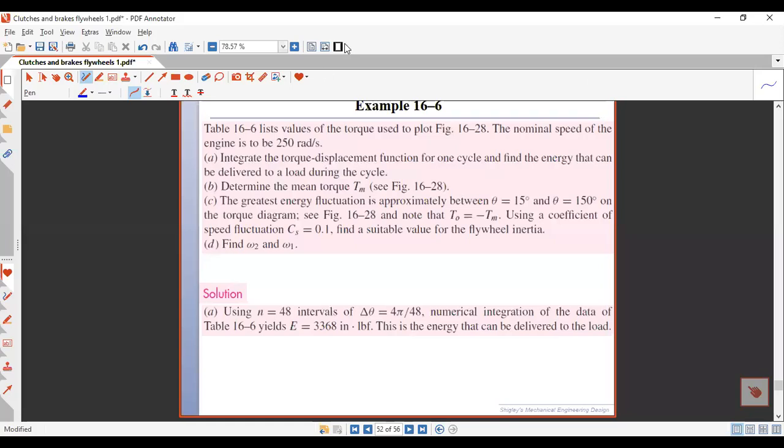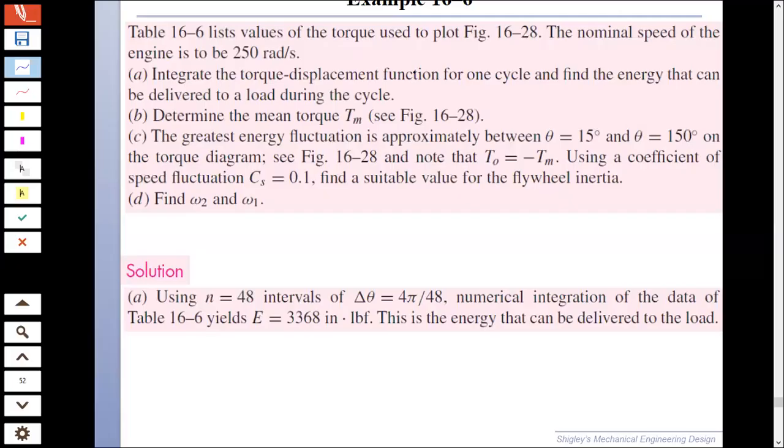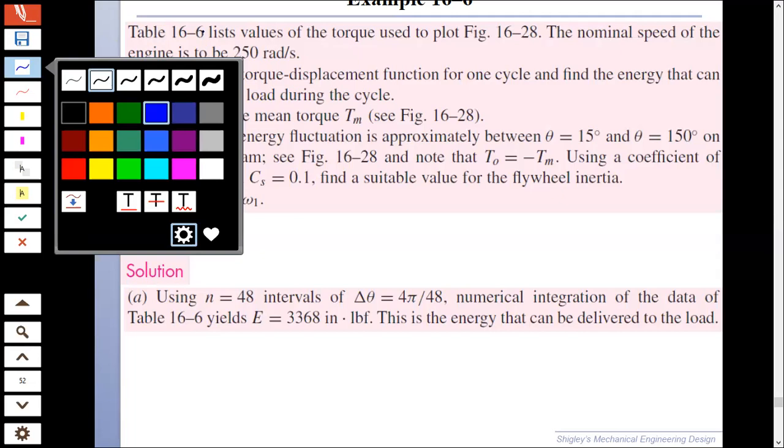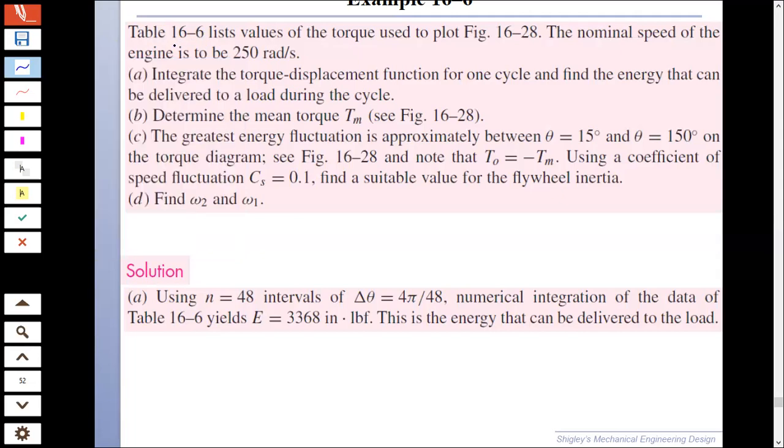If you look at this problem, this is about the flywheel that we just discussed. It says that in table 16-6, list values of torque used to plot figure 16-28.